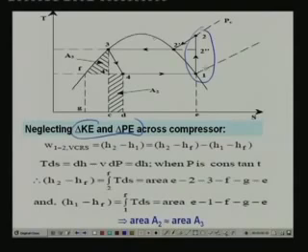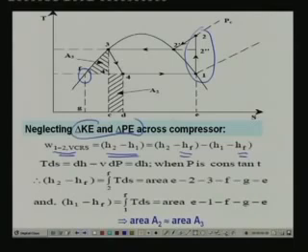If you apply energy balance for the compression process, you find that the work input to the compressor, W1 to 2, is nothing but H2 minus H1, the enthalpy difference across the compressor, which is the work of compression. What I do here is subtract and add HF, where HF is the saturated liquid enthalpy at evaporator temperature. So I am writing H2 minus H1 as H2 minus HF minus H1 minus HF.